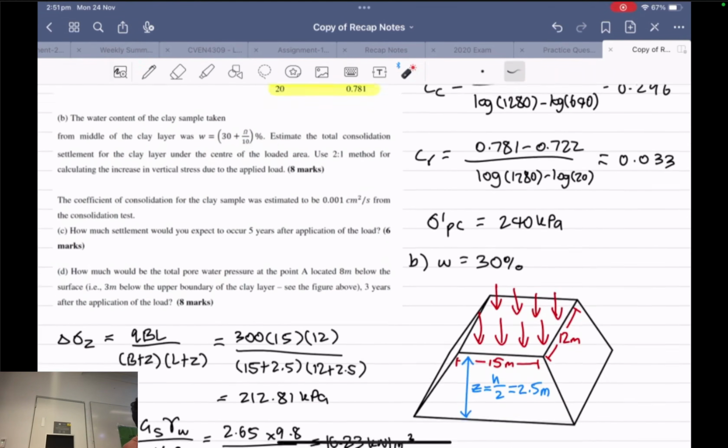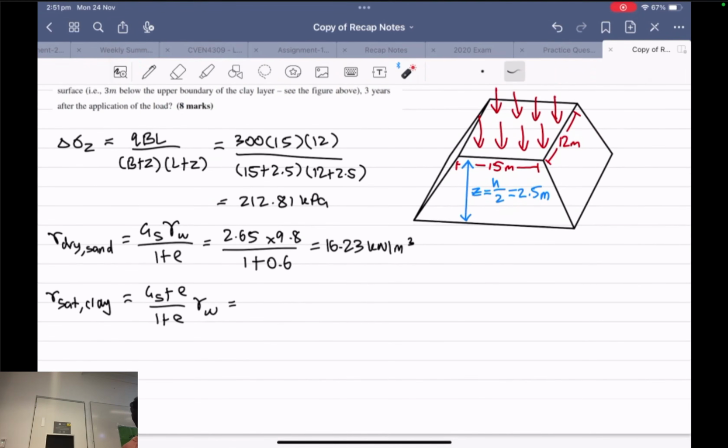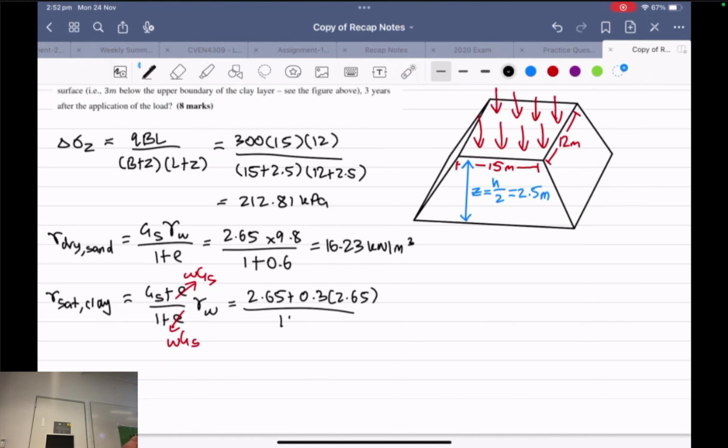So we can use that to find E. So that's 2.65 plus, we're saying E is equal to W GS, times gamma W 9.8, which is equal to 18.81 kilonewtons per meter cubed.